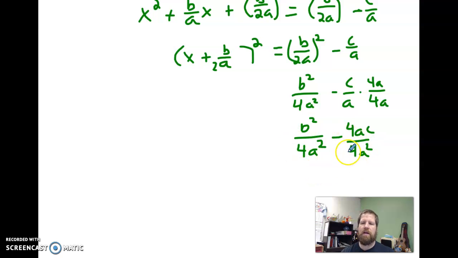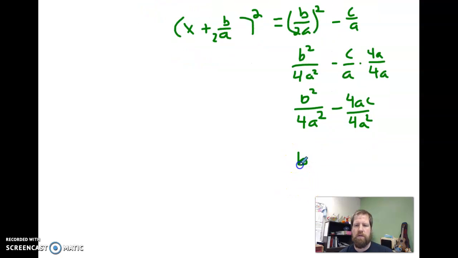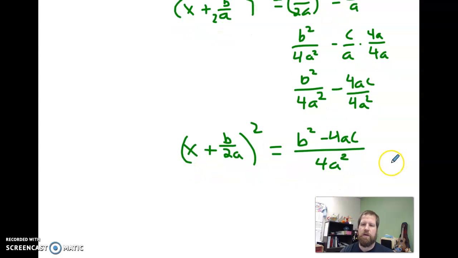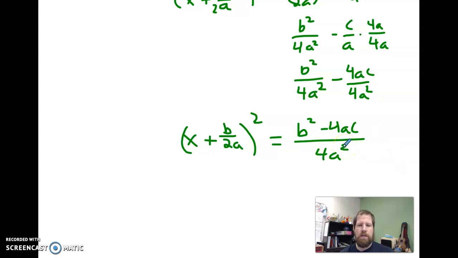Okay, and then I can combine those into b squared minus 4ac all over 4a squared. Okay, bring down the rest of my equation, x plus b over 2a squared is equal to b squared minus 4ac over 4a squared. So it looks way messier than I started with, right? But we're not quite there yet.